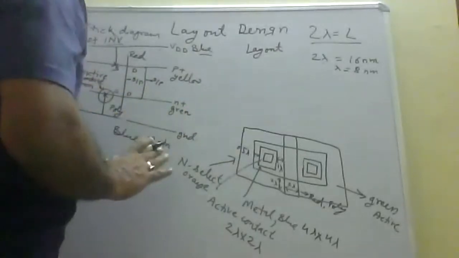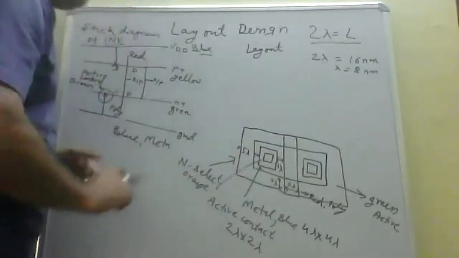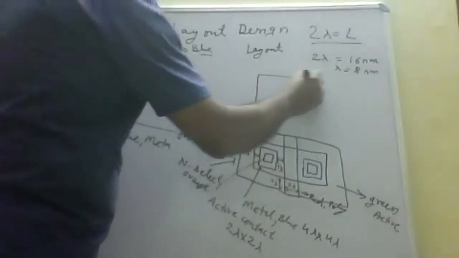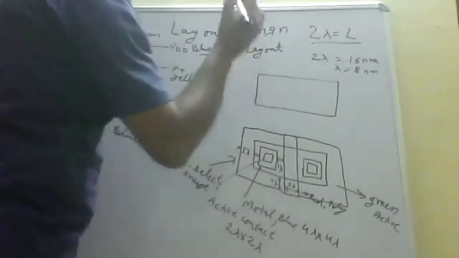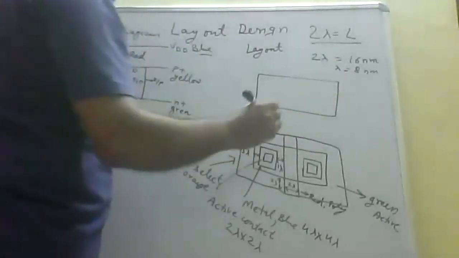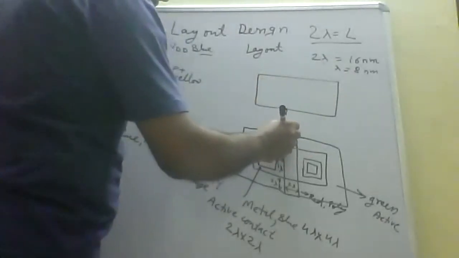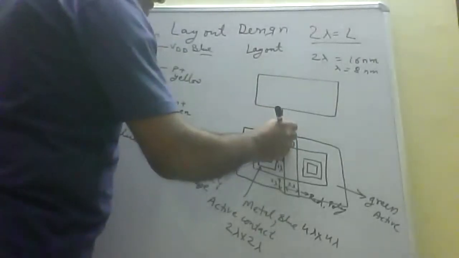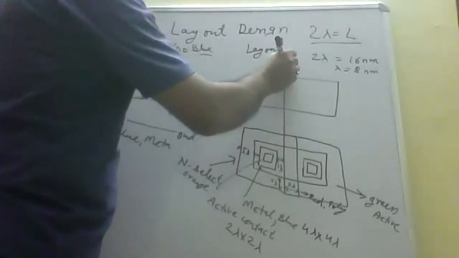And after this NMOS design, the same thing is developed for the PMOS. So one active will be there. Active will always be green color here. For PMOS or NMOS, both will be the same. And this gate is common to them. So we connect this gate on the upside.